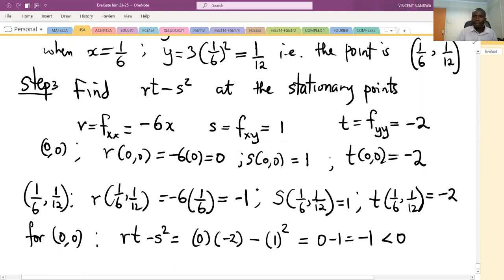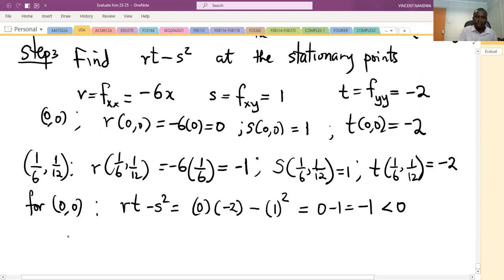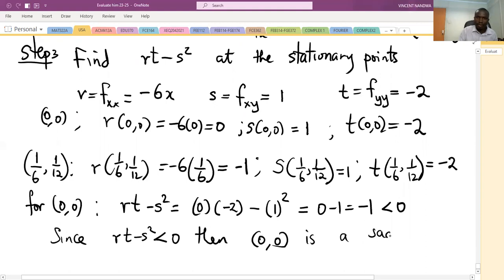So since RT minus S squared is less than 0, then 0, 0 is a saddle point. If you remember the steps we gave out, when this quantity is negative, then we have a saddle point.